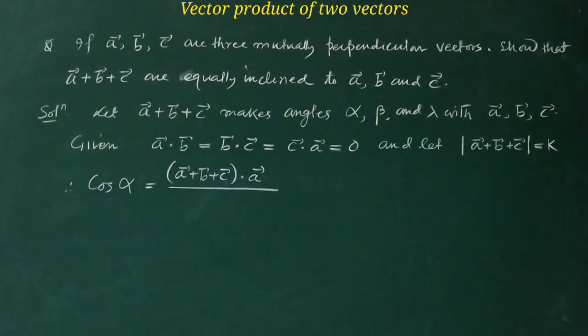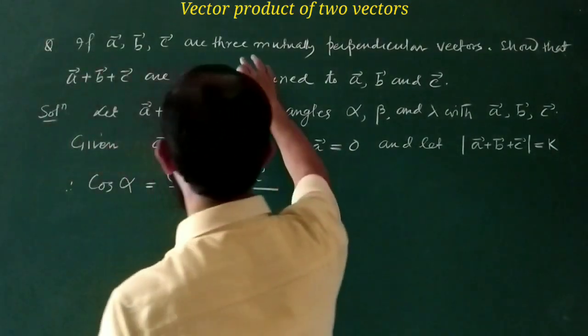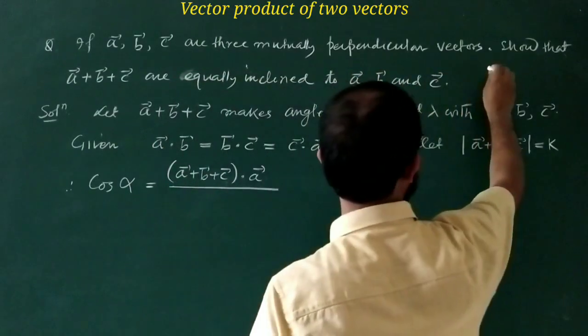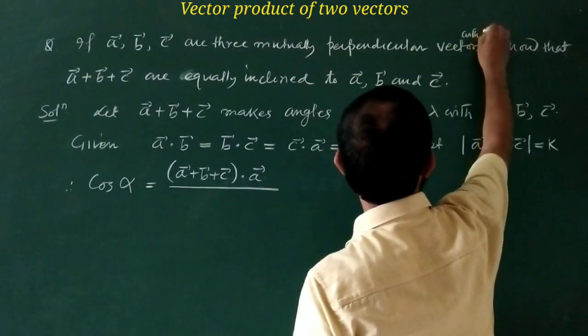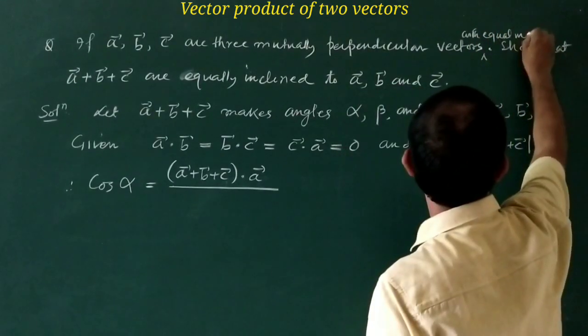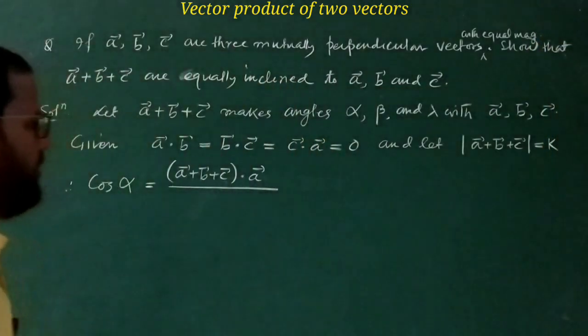So another condition is given in the question maybe. In this question another thing, a vector, b vector, c vector are three mutually perpendicular vectors with equal magnitude. Okay, equal magnitude. That should be mentioned.